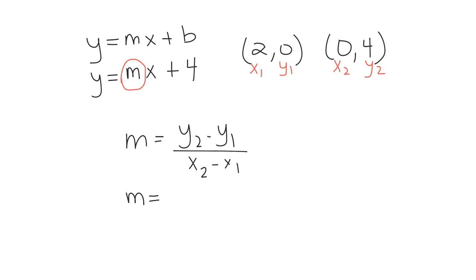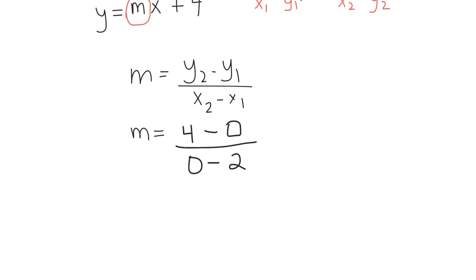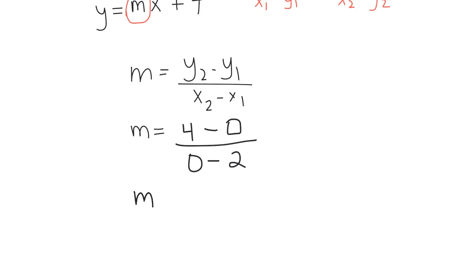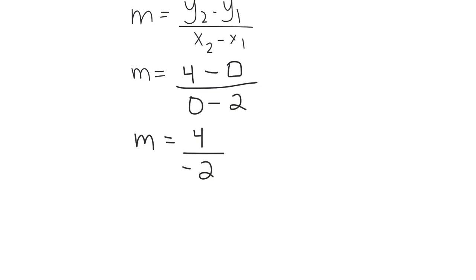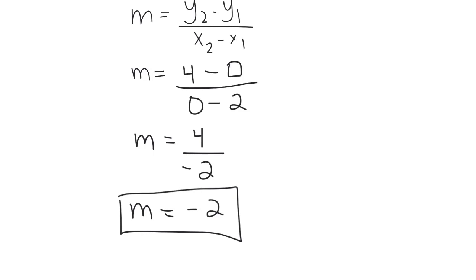My y2 value is 4 minus my y1 value, which is 0, divided by my x2 value, which is 0, minus the x1, which is 2. So 4 minus 0 is 4. 0 minus 2 is negative 2. And 4 divided by negative 2 is negative 2. So our slope value is going to be negative 2.